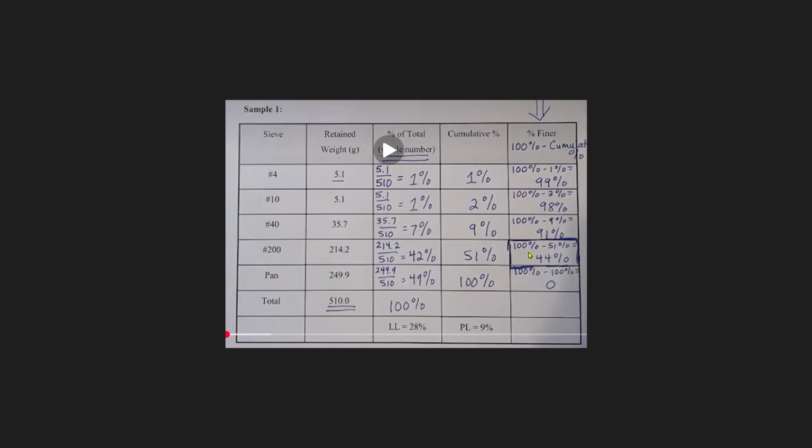We don't have to deal with any of that because we found out we have a clayey soil right here. We don't have a granular soil, which would be A1, A2, A3, A4. So all we've got to worry about is this 28% and this 9%.